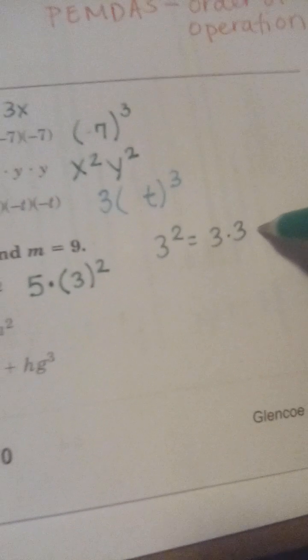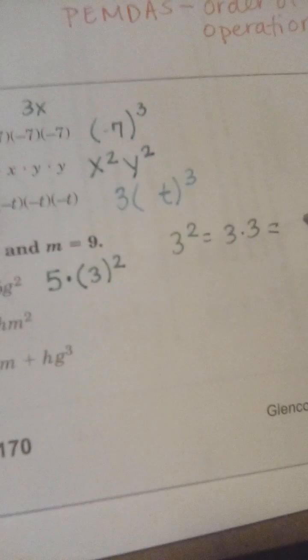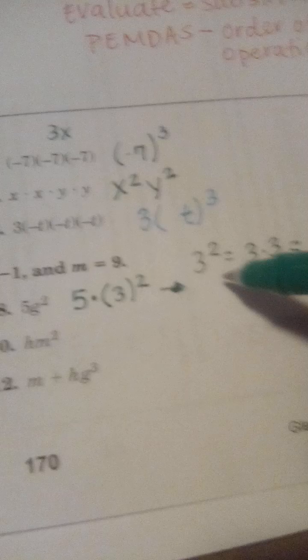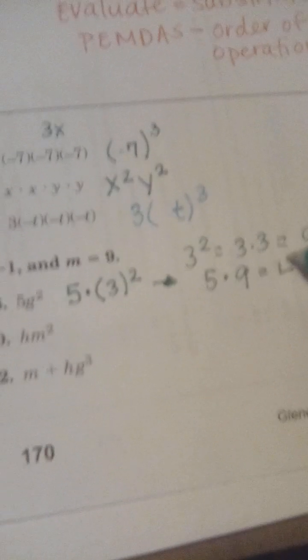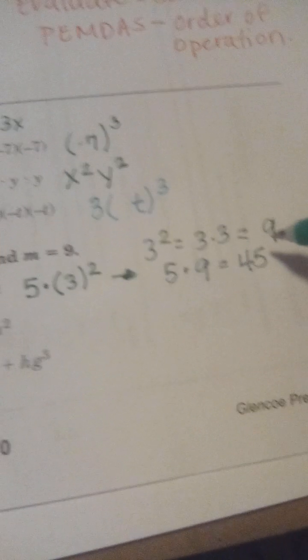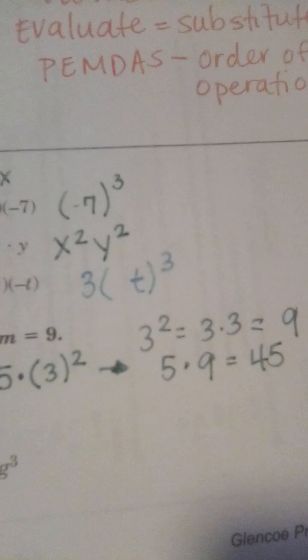That gives us 9, right? So I'm going to put an arrow right here. 5 times 9 gives us 45. Let's check. So we did see the answer 45, right? Let's do this.